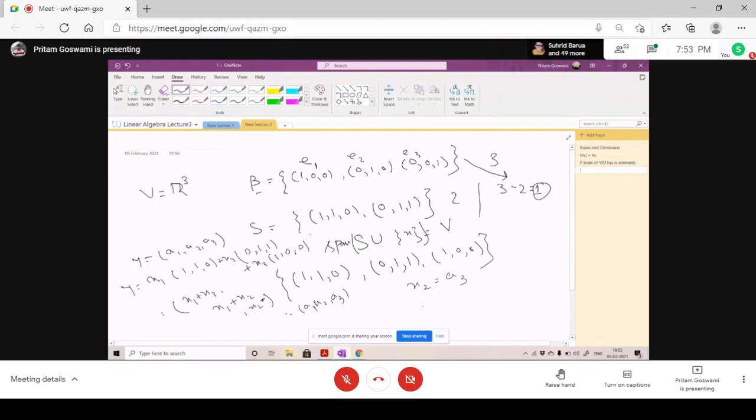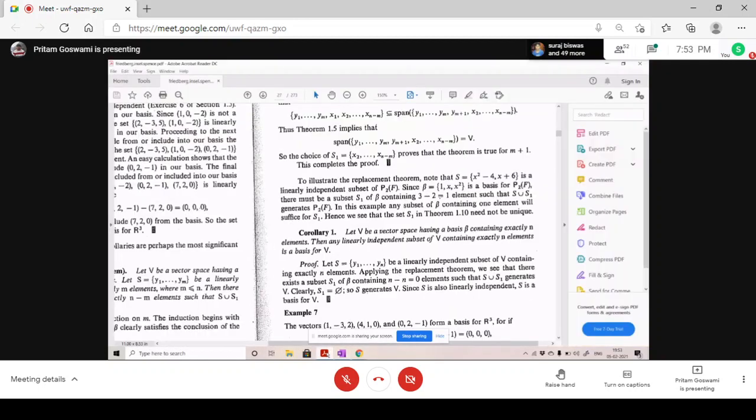Here x2 is a3, then x1 is a2 minus a3, then x3 is a1 minus x1, that is a1 minus a2 plus a3. So for any vector y I can give you three scalars x1, x2 and x3 such that these three vectors span the whole R3, right? Yes, sir.